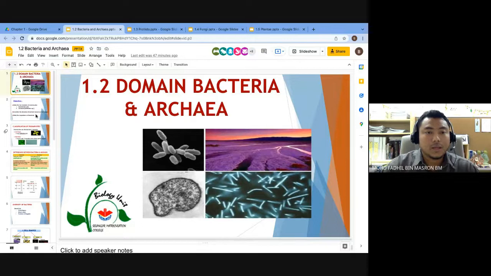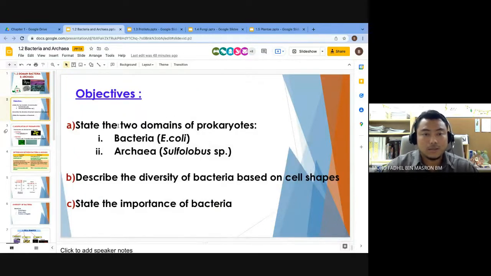Okay, so here are the objectives. You need to state the two domains of prokaryotes, which are bacteria and archaea. So now we understand that prokaryotic cells cover two domains, whereas eukaryotes only cover one domain, which is domain Eukarya. If you are still confused, let us have a quick peek at the map.